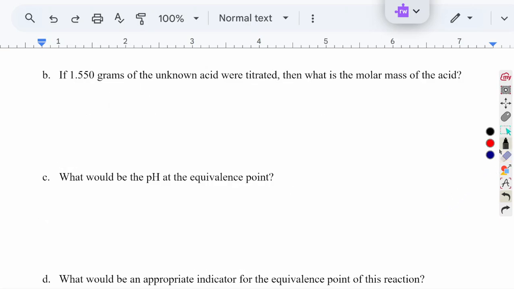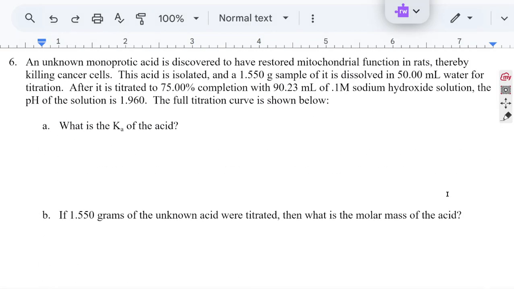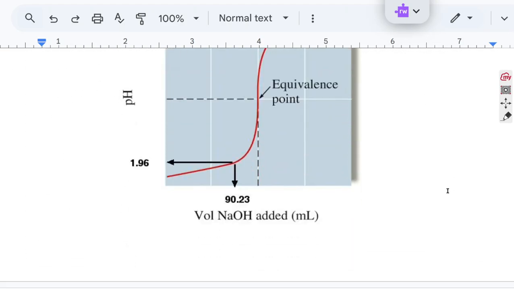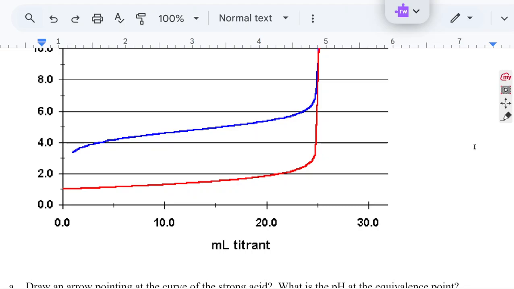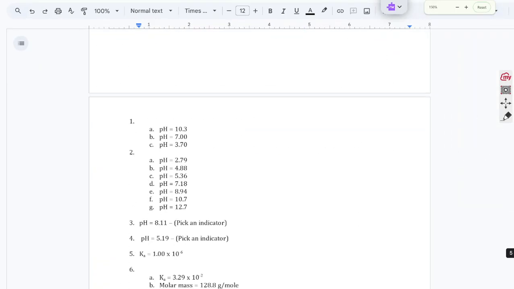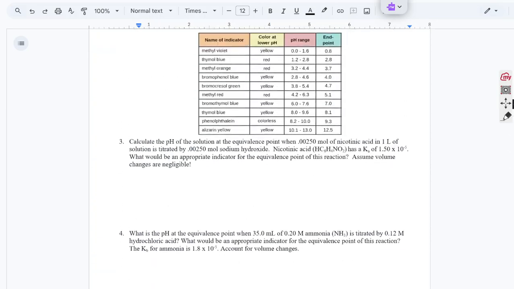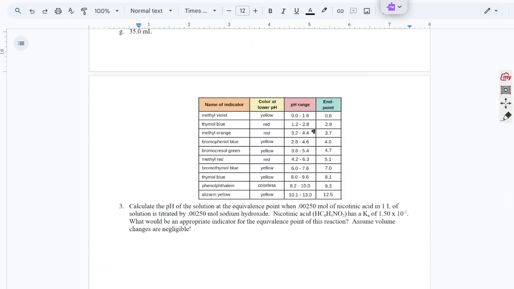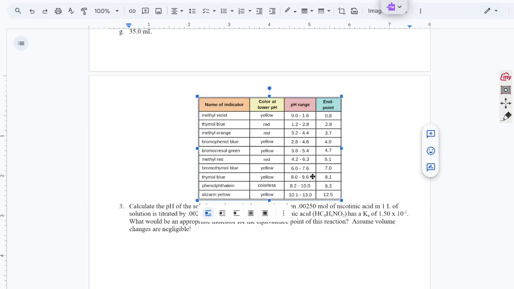Let's find an indicator that has an endpoint there. What did I do with my indicators? What would be a good indicator for that? 7.16. Right here. Bromothymol blue would be a good indicator for that one.